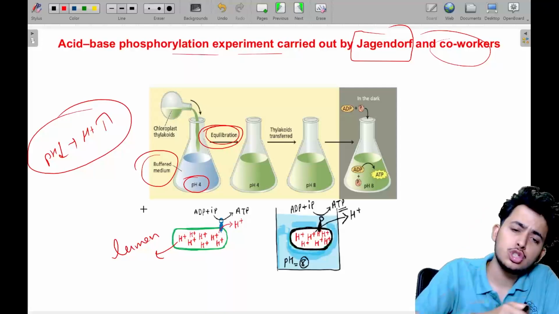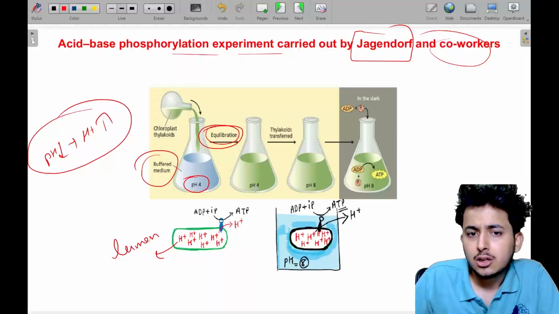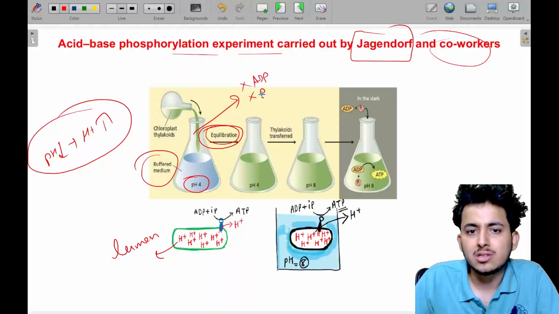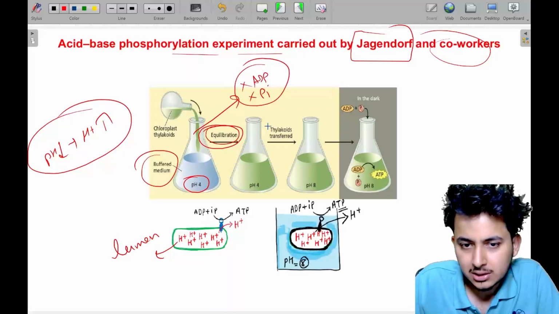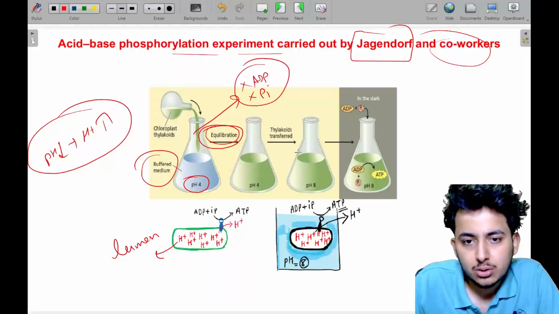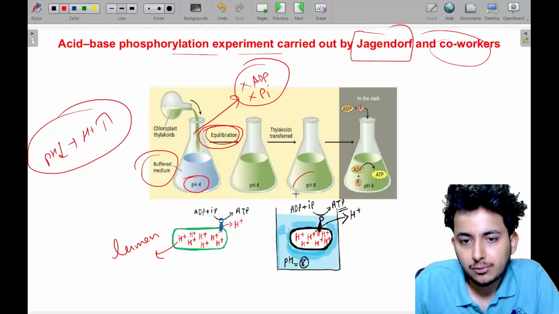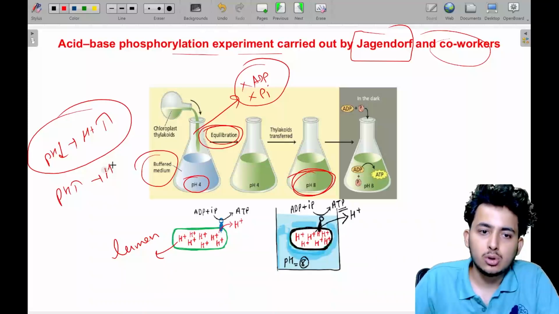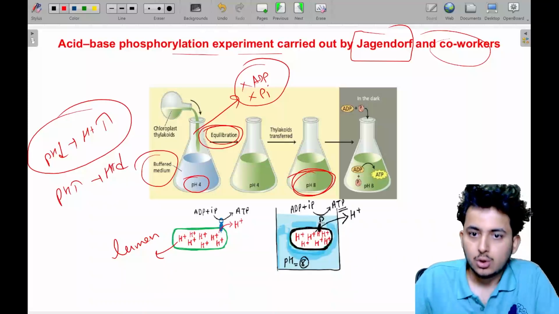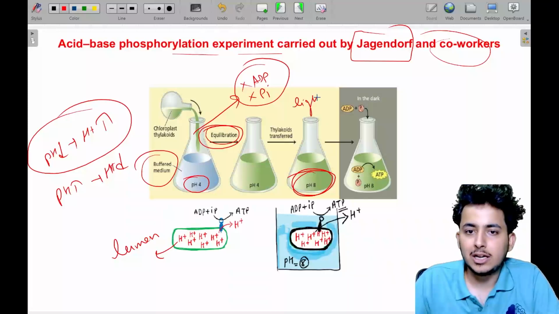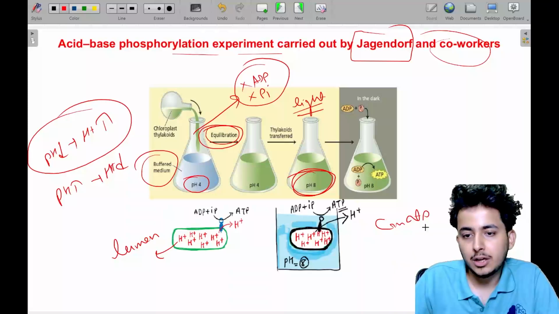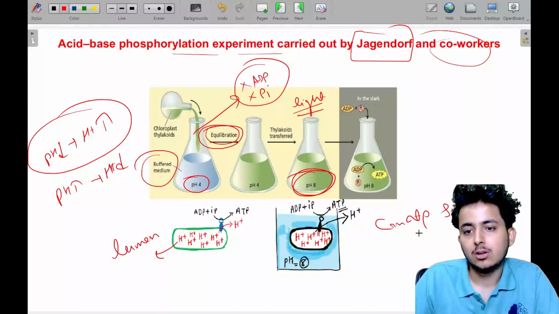Since you don't add any ADP or Pi here, because this is in vitro, there will be no ATP synthesis. Now, when I put this into a buffer medium of pH 8, that is pH is more now, and H plus ion concentration outside is lesser. Now, the question is, can ATP synthesis happen in dark?